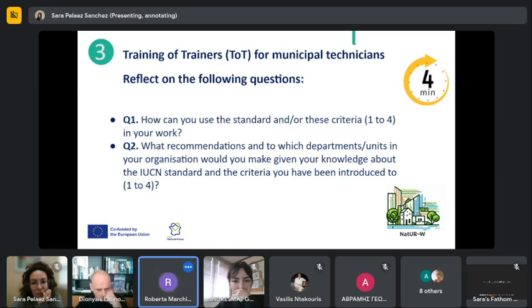In addition, we can use the criteria also for creating local rules for private transformation in our municipality. So it will be interesting for the public works department, but also for the department that works with local stakeholders, local economy and transformation.